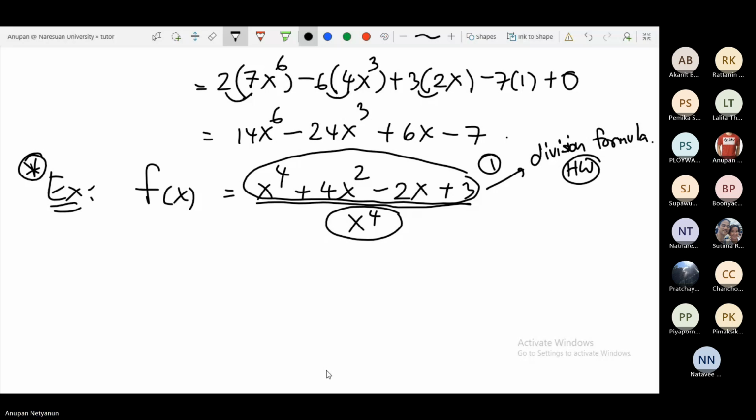Now, for the second way, I notice that my divisor is in the form of x to the power of 4.